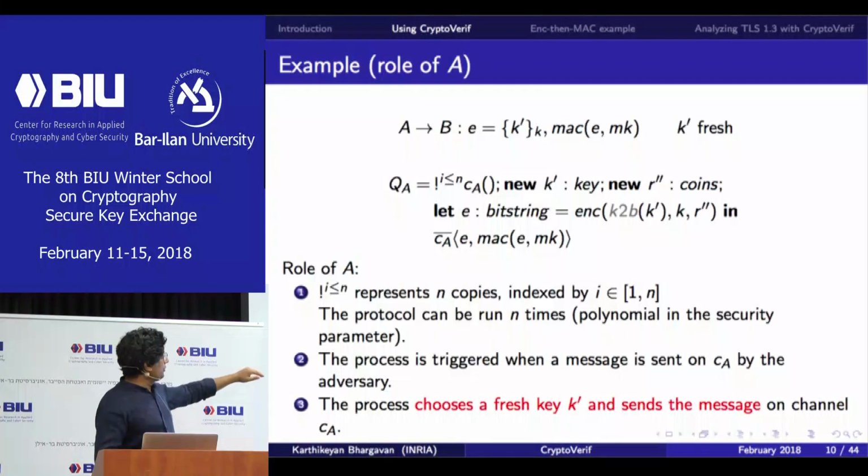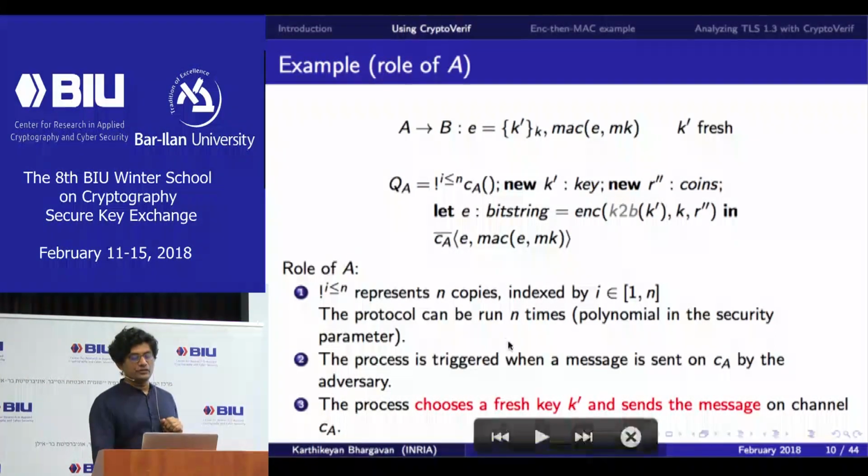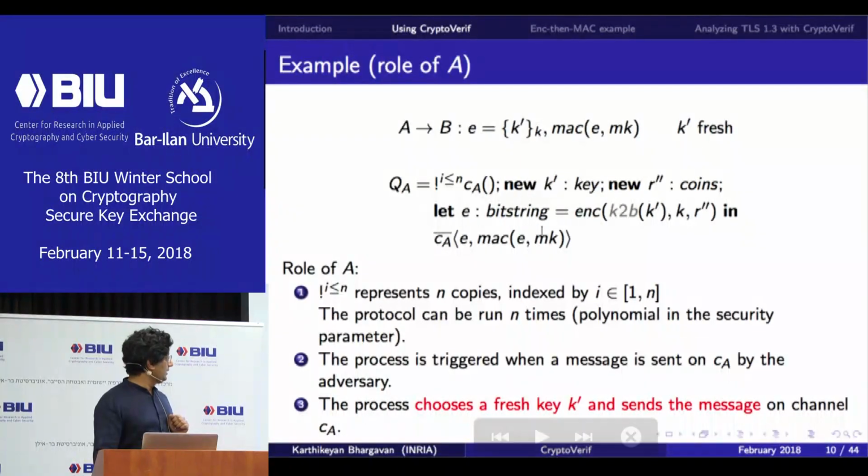Then it's going to compute this thing called E, which is going to be the encryption of K prime under K using the coins R double prime, so using that random nonce. So encryption takes a nonce, a key, and a plaintext, and it produces for us a ciphertext E. And then we're going to send out on the public channel the encrypted value and a MAC of the encrypted value under the MAC key MK. Okay, so this is the process for QA.